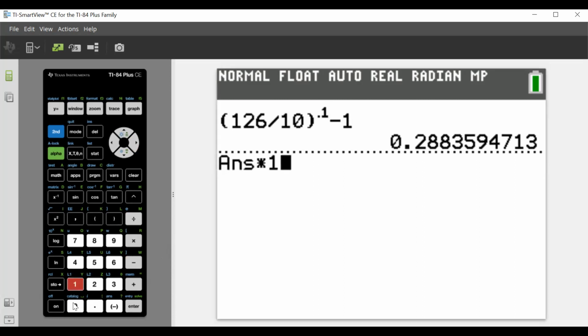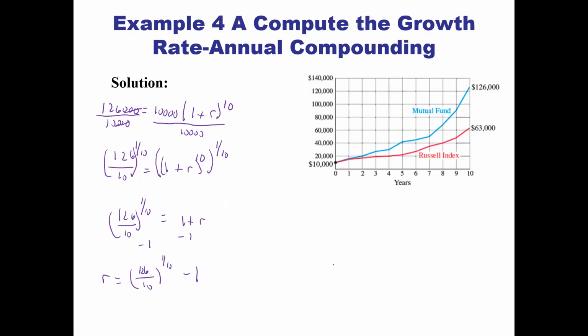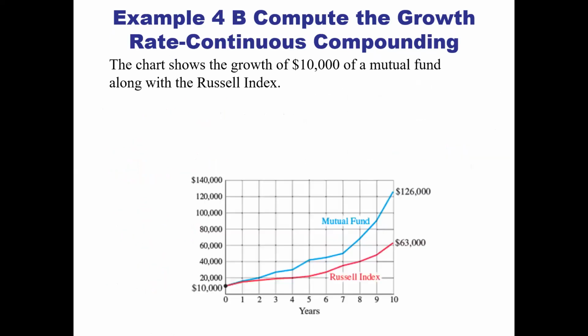Let's go ahead and convert that to a percentage, and we know how many decimals. So it's going to be 836 is what we need for our value. And so our rate with 3 decimal places was 28.836%. And so that was what they were asking for in that one.